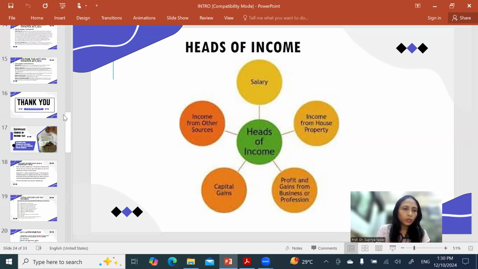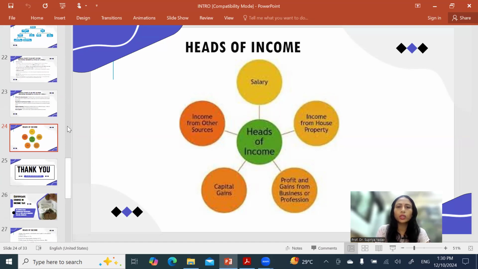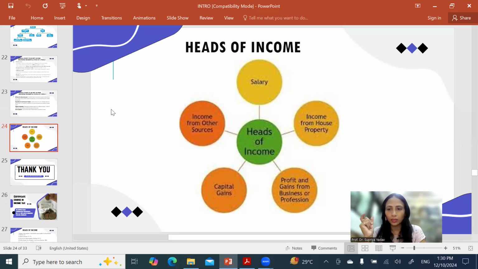We also discussed some examples in order to decide the residential status as well as the status of a person, whether he is HUF, AOP, BOI. So these two concepts are now clear to you, I think.